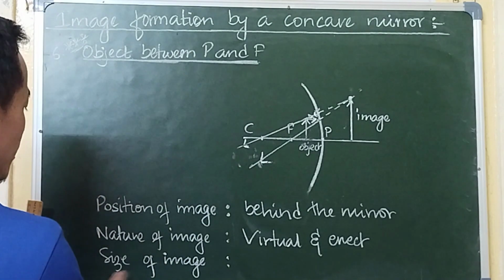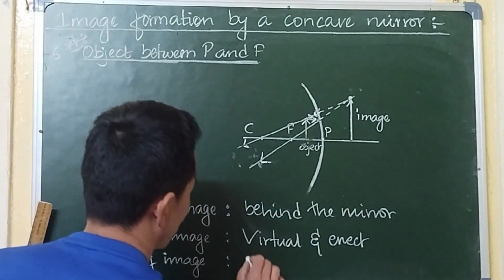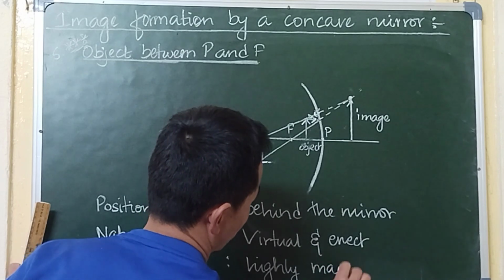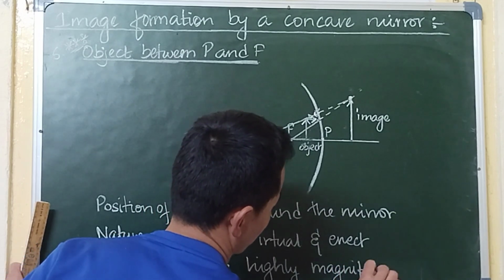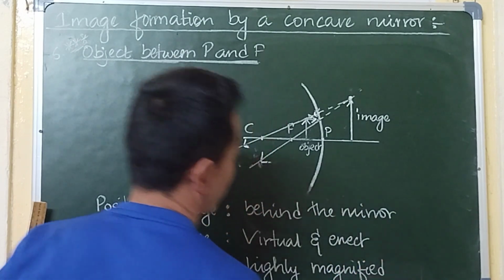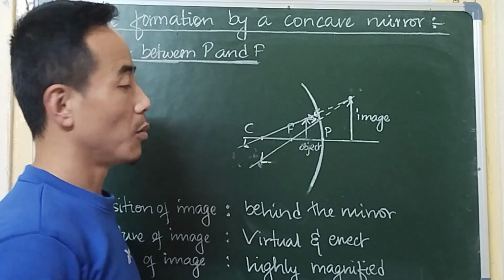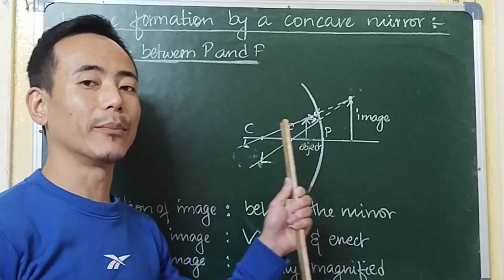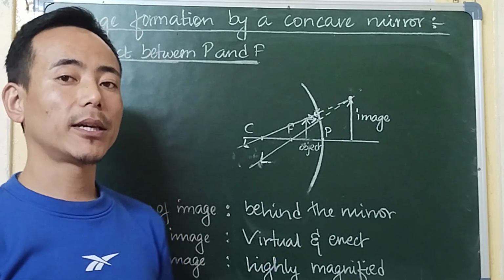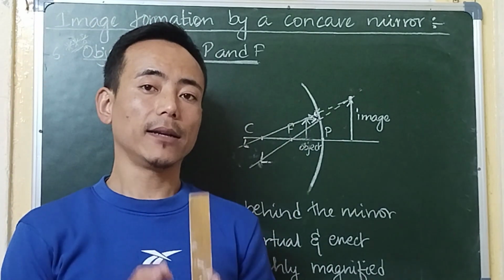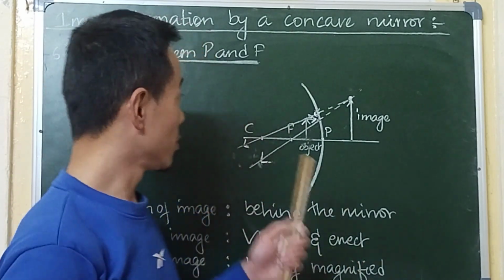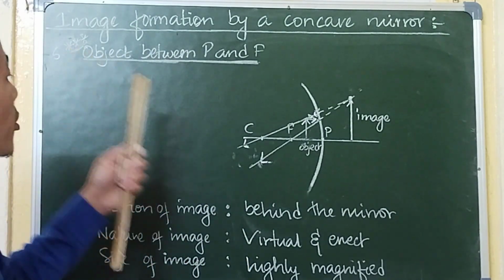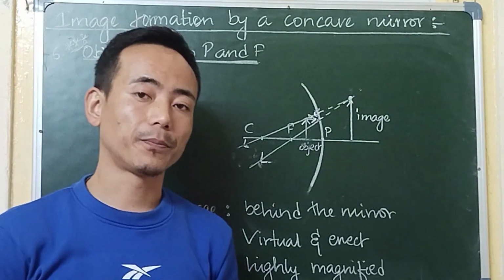And the size of the image, you can see it is highly magnified, or you can simply write magnified also. So this is the only case where a concave mirror forms a virtual, erect and magnified image. Otherwise, a concave mirror always forms a real and inverted image. So this one is a special case, so that's why this is important. You may get a question based on this as well.